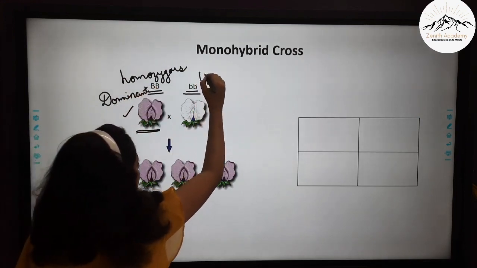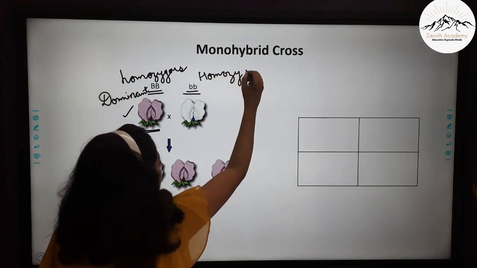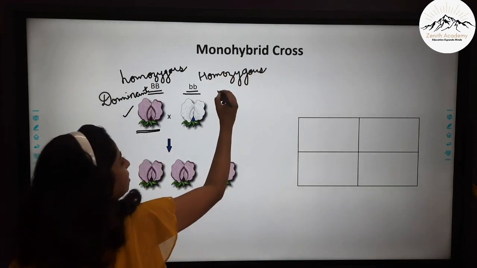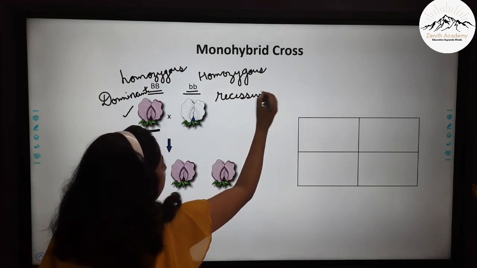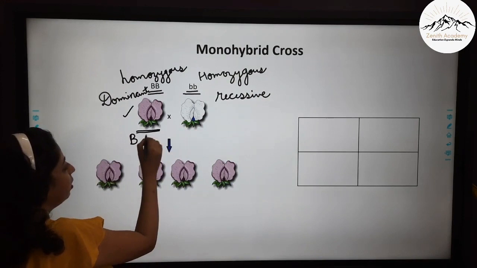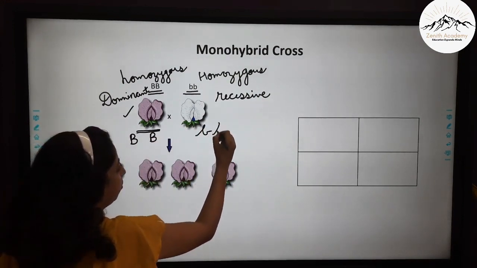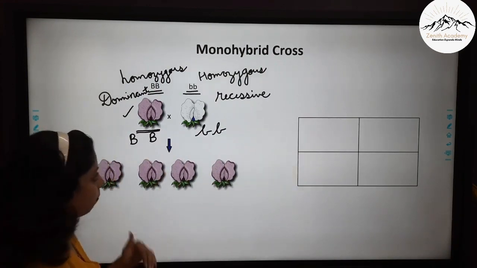And this is also homozygous, but this is recessive. So now this is producing capital B gametes and this is producing small b. Okay. So I'll show you the combination in Punnett square.